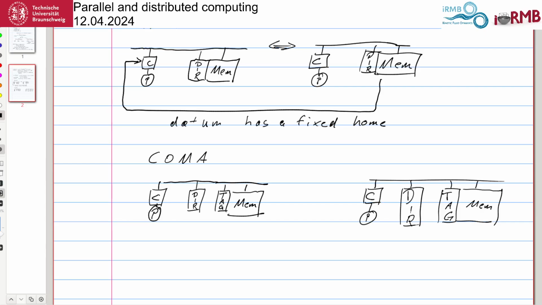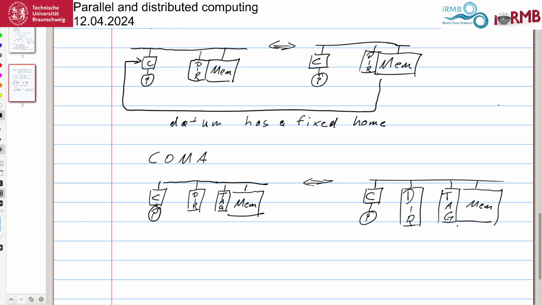Is the directory the same as a page table? Yes, that would be a page table. But then here there is something else that is called a tag. And the tag is something that we need for all memory. The directory only takes care of the data that is in the cache. But the tag is something that we have to put to all memory that we have.